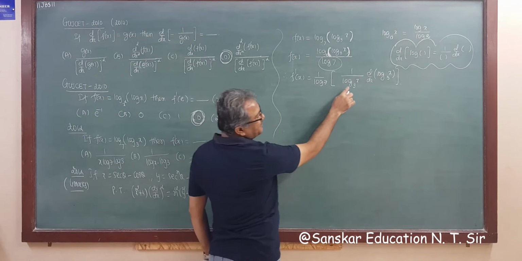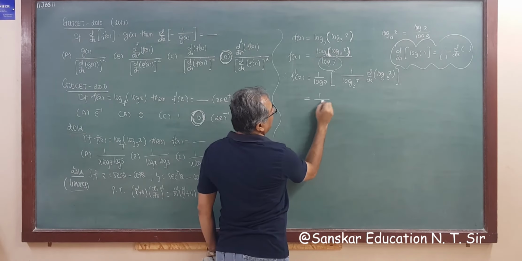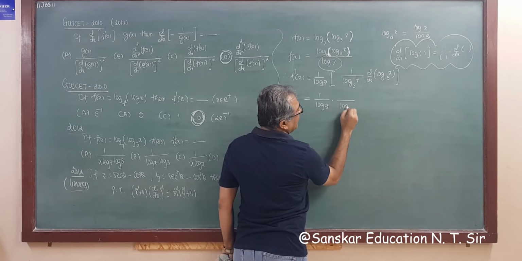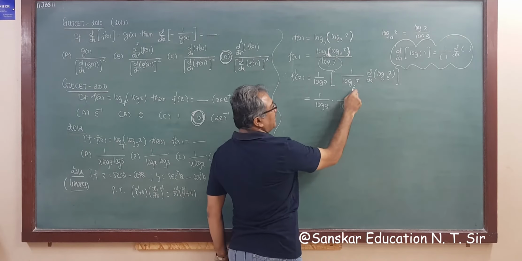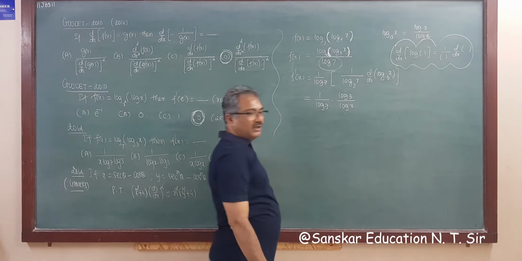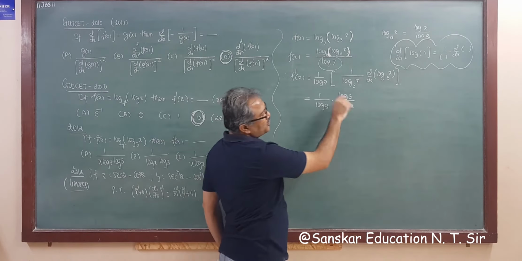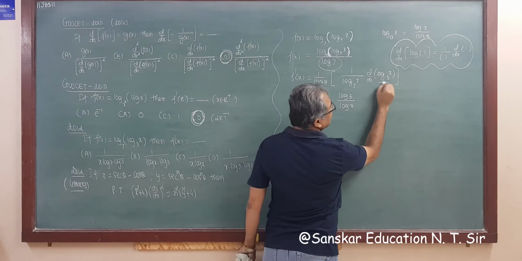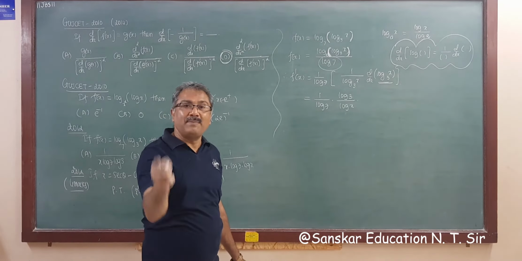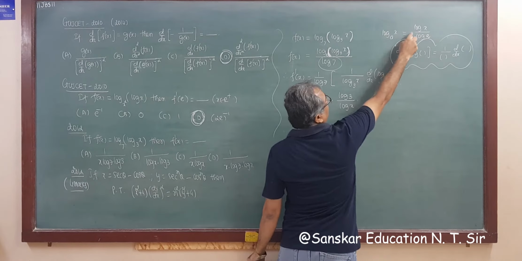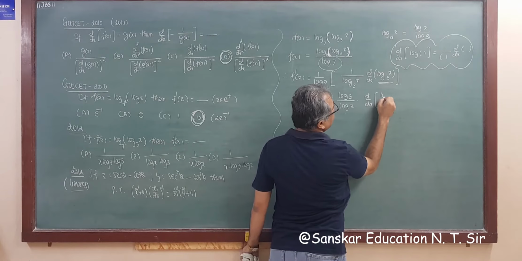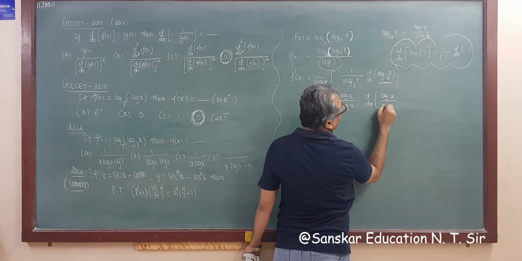Now applying the change of base rule here also, this is 1 upon log x upon log 3, and log 3 goes to the numerator. The denominator of the denominator goes to the numerator, and this is a logarithmic function but not a natural log. So again applying the change of base rule, this is log x upon log 3.